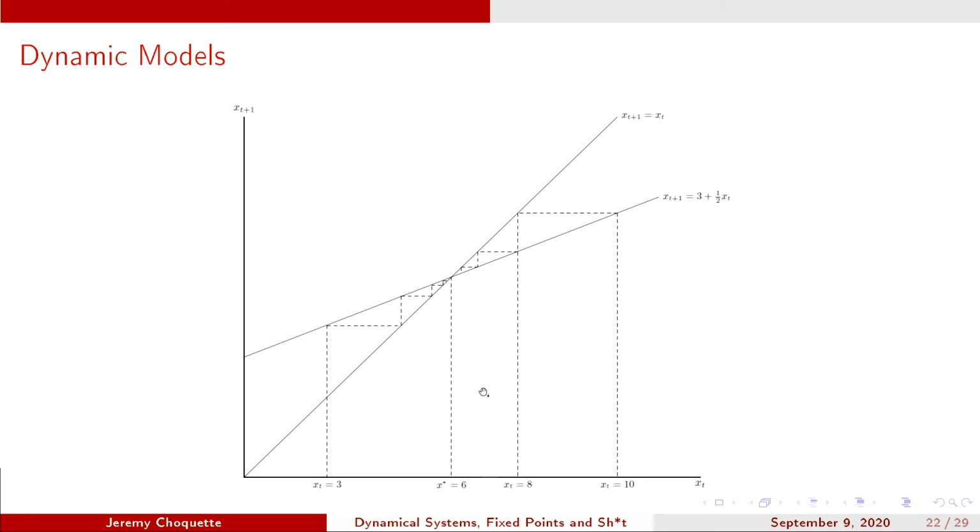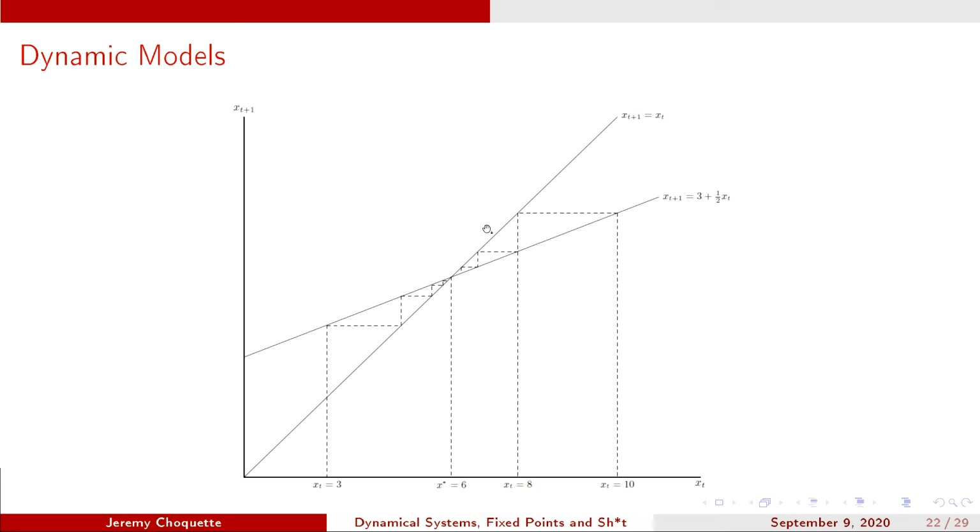So this is where x_t is equal to 7. Here we plug in 7 for x_t. We evaluate what the next x_t is going to be, which gives me 6.5. Evaluate it again, 6.25. And what happens is we staircase our way down over to the fixed point.